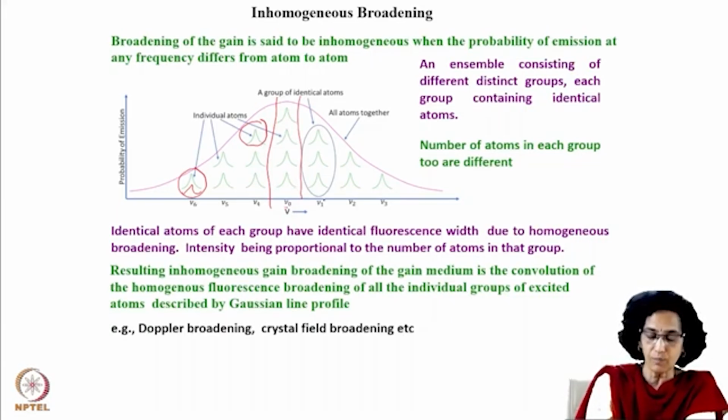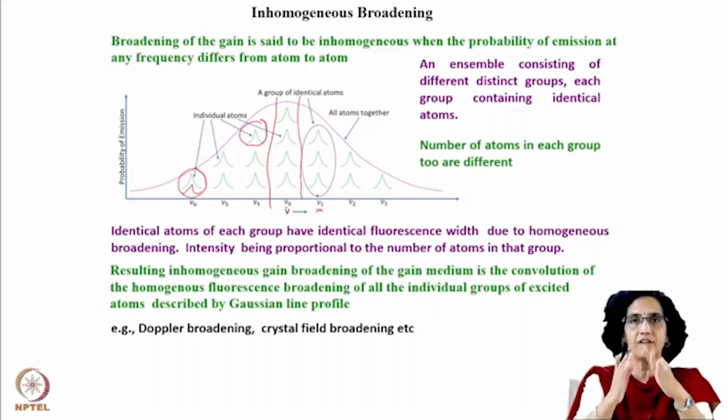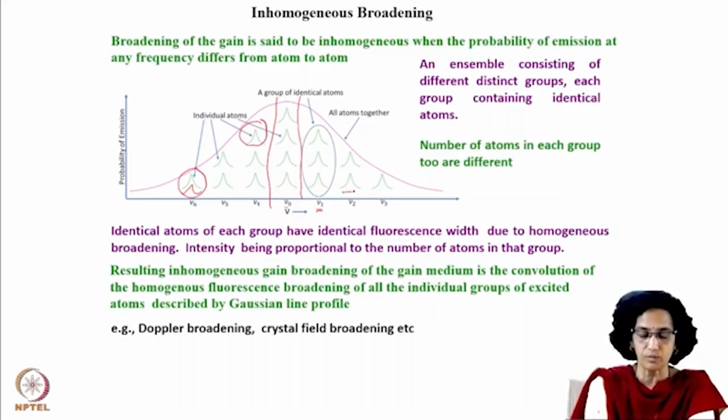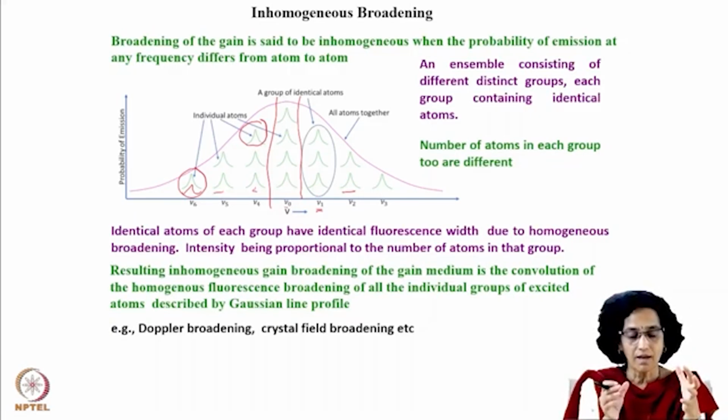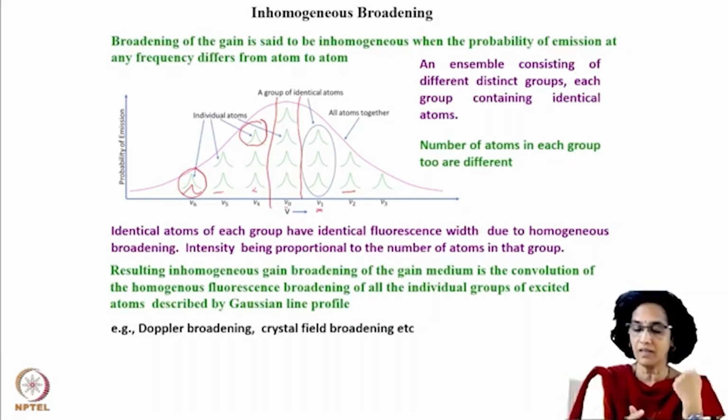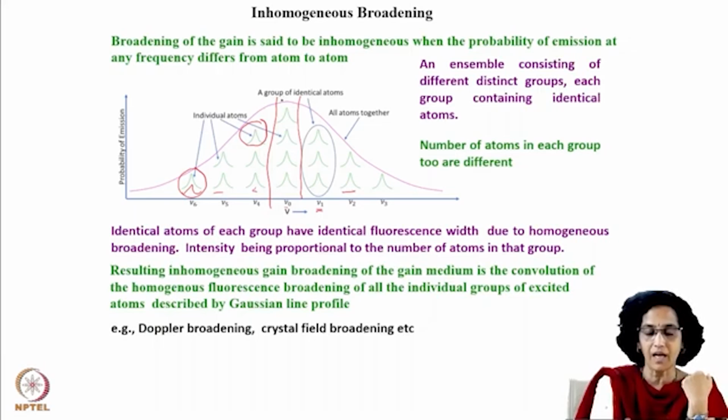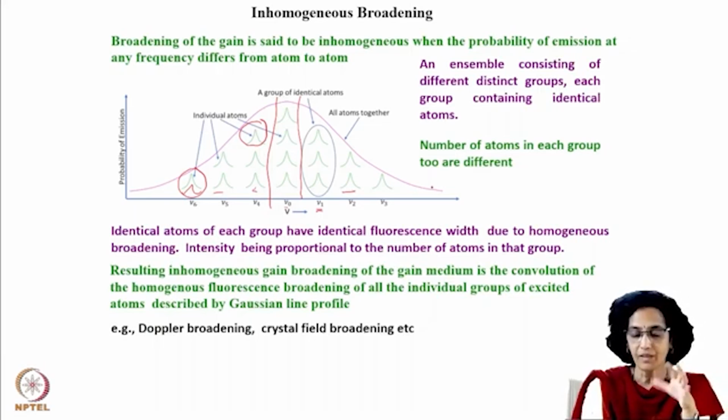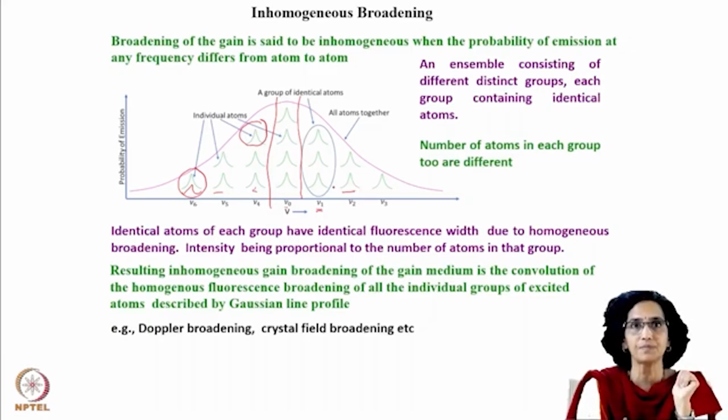There is another group which emits at mu1 as the central frequency, with the fluorescence profile dipping on either side. Similarly, there is another group at mu2, at mu4, mu5. So the total broadening of this particular system is the outer envelope, as we can see, of the combined fluorescence profiles of individual groups.